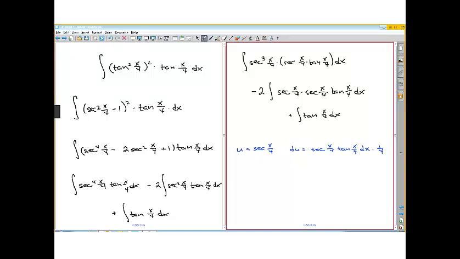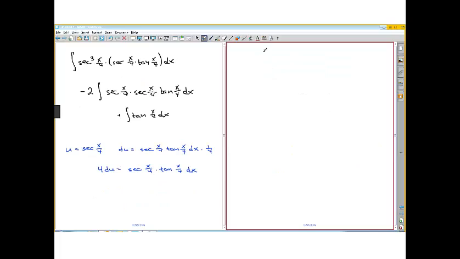So what we see is that secant x over 4 tangent of x over 4 dx is equal to 4 du. So you multiply both sides by 4, you get 4 du is equal to secant of x over 4 times tangent of x over 4 dx. And that's what I have. So all these are going to become 4 du, and this will be the secant cubed of u. But that's u cubed.